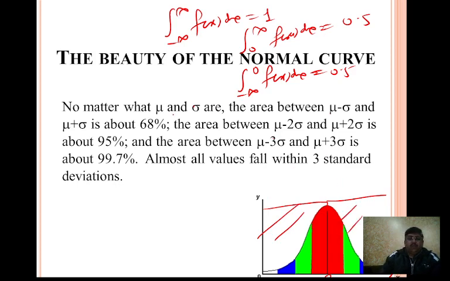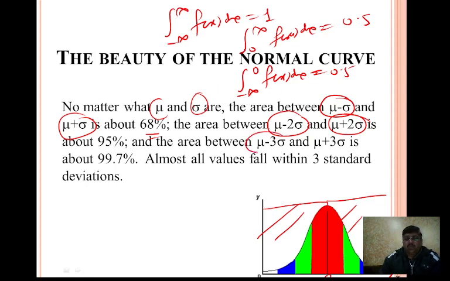But there are a few more things to understand. If mu and sigma, whatever the value, doesn't matter, and you integrate from mu minus sigma to mu plus sigma, you will get 68% of the area covered by the red color. Mu minus 2 sigma to mu plus 2 sigma, the integral of f of x dx, you will get 95%.